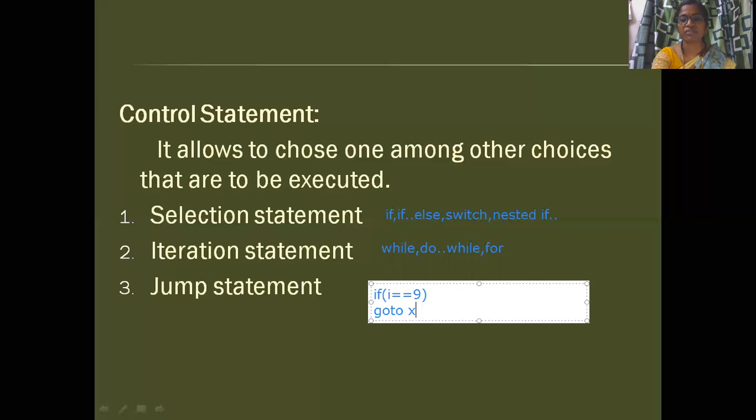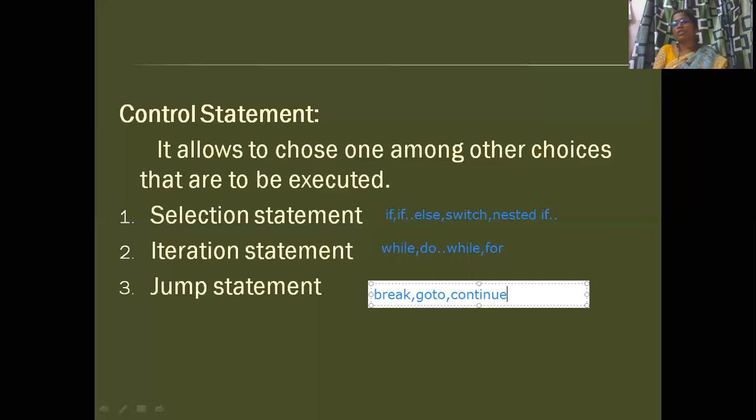Here we have 3 types of jumping statements. One is break, another one is goto using a label, which can be a forward jump or backward jump, and another one is continue. Using these 3, you can move from one place to another place in your set of instructions.